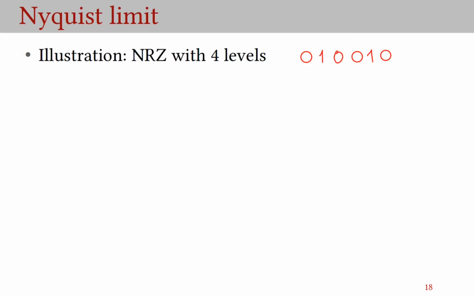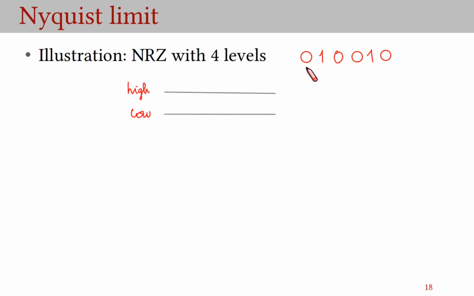This is a good place to revisit NRZ. Recall NRZ encoding that we learned in a previous video. Suppose we want to encode 010010. In the NRZ encoding that we saw earlier, we had two signal levels, low and high, and we encoded 0 with low and 1 with high.